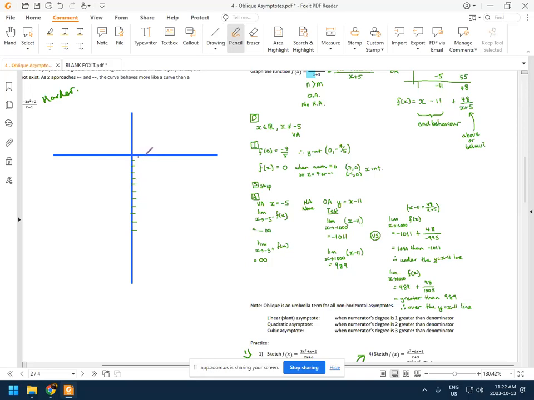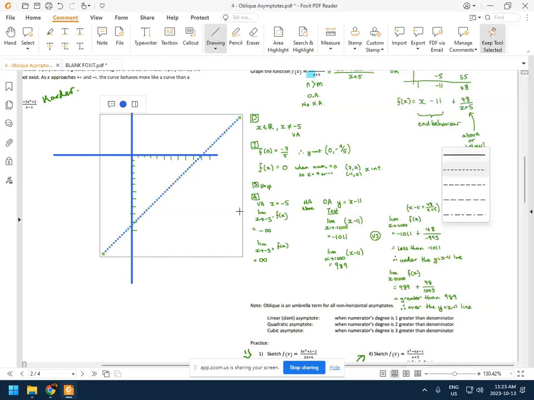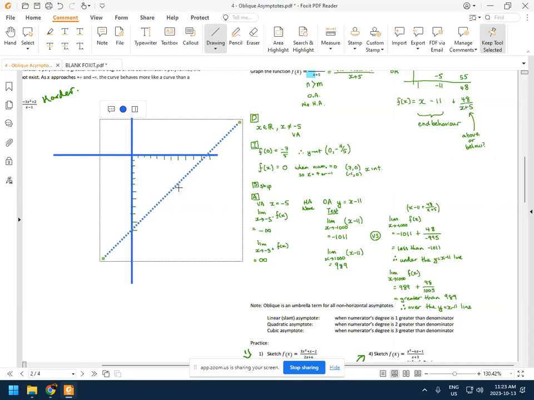Which means 1, 2, 3, 4, 5, 6, 7, 8, 9, 10, 11. Pretty close. It's a dotted line. Okay, this is my y equals x minus 11 line.